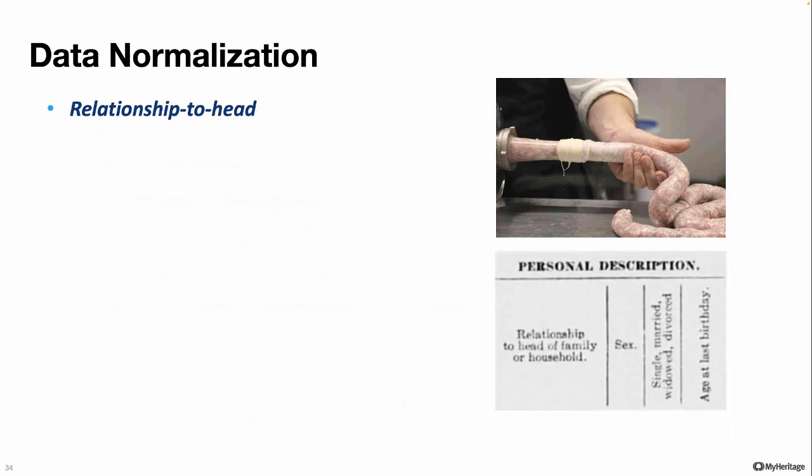I want to talk a little bit about data normalization and what goes into some of this sausage making that I referred to. What did we do for the last 20 days as we were preparing? So one thing that I always like to use as an example is consider the relation to head, or the relationship to the head of the family.